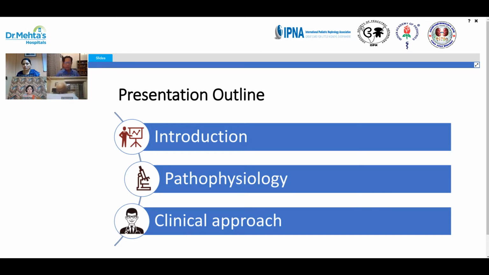If we know the pathophysiology, we can know the disease process itself, what the clinical findings are, what the subsequent conditions should be, and what the treatment should be. So it is very important, along with some of the clinical approach.